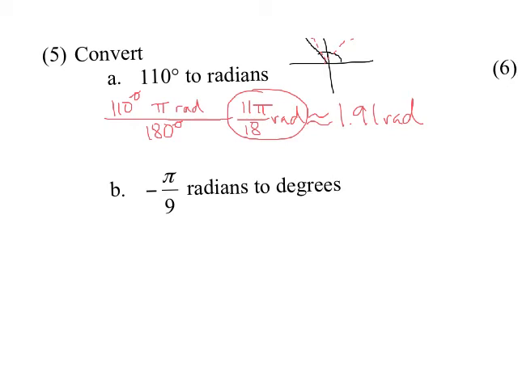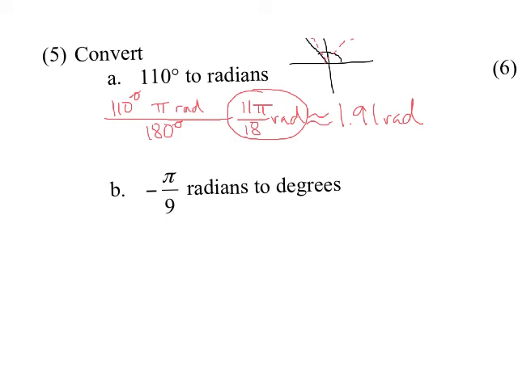Question B is just the opposite. I'm giving you an angle in radians and asking you to convert that into degrees. Maybe I wanted to draw a picture of this. I have no idea what pi ninths radians means, and so if I convert that into degrees, it'd be a lot easier to do. And so I'll do the same sort of thing that we did last time.